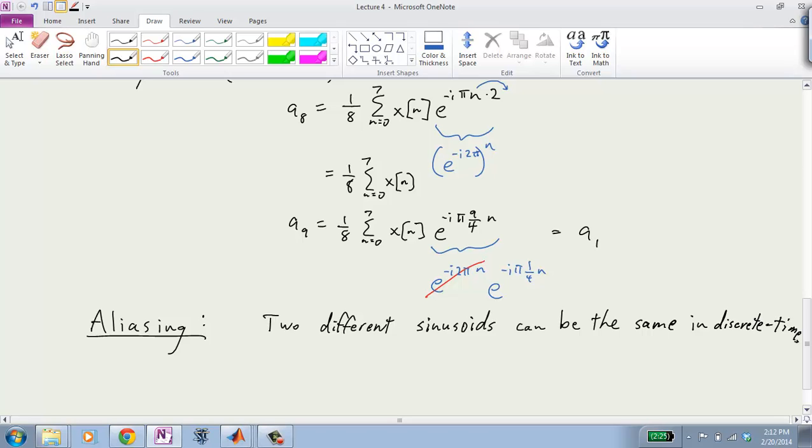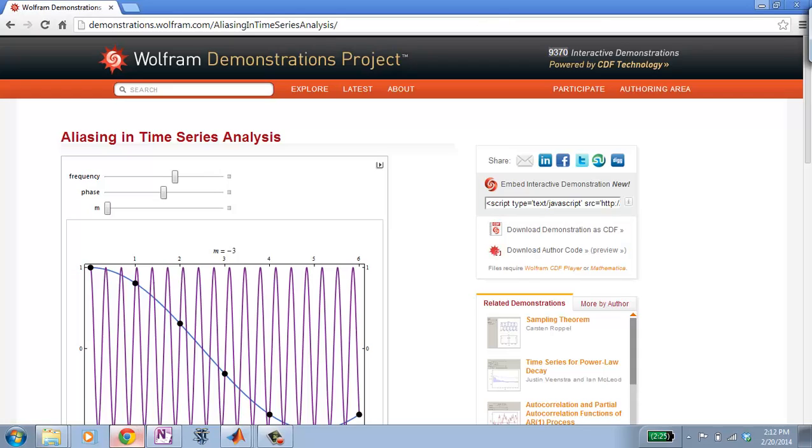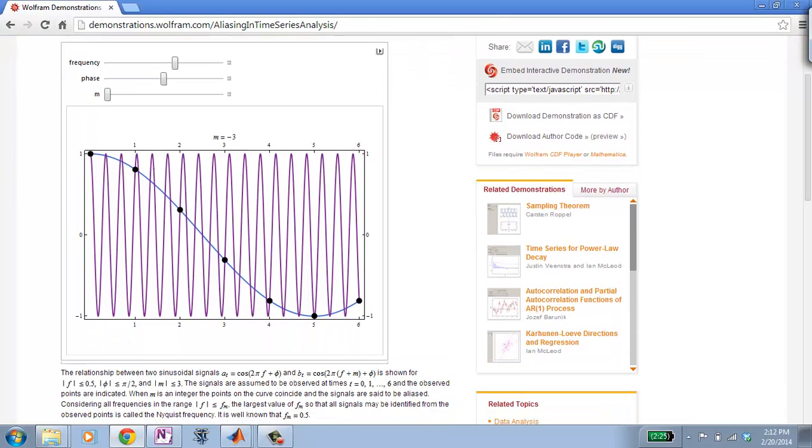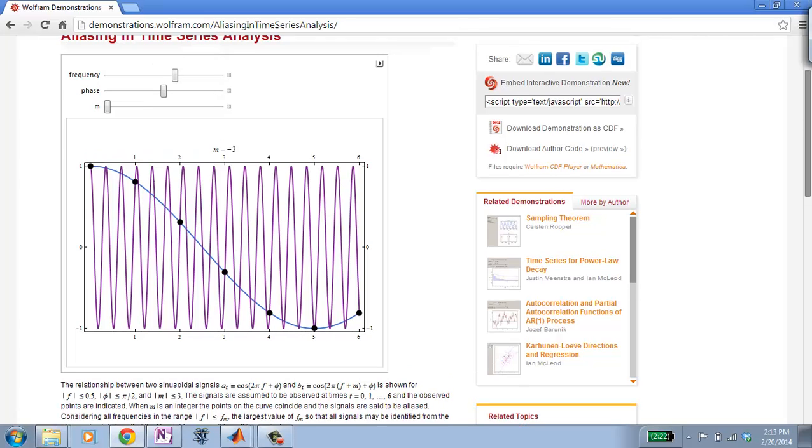Naturally you lose something taking a continuous time signal and only storing it at the integers. In other words, sampling a continuous time signal and making it a discrete time signal, you must lose some information, and here's what you lose. Two sinusoids can be exactly the same in discrete time, even though their continuous time formula does not look the same. In discrete time, they are exactly the same signal. So here's an illustration of that.